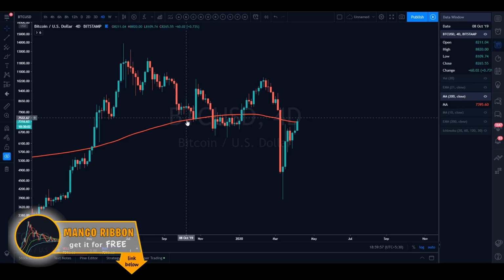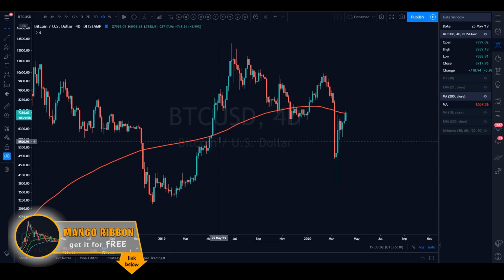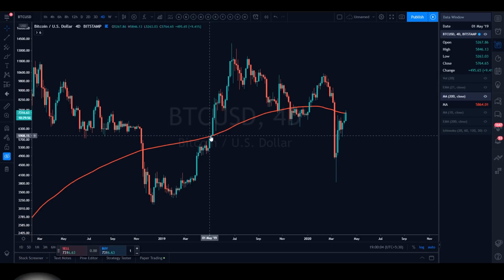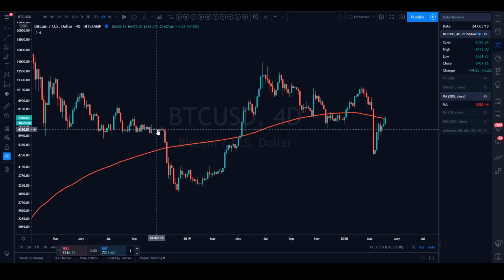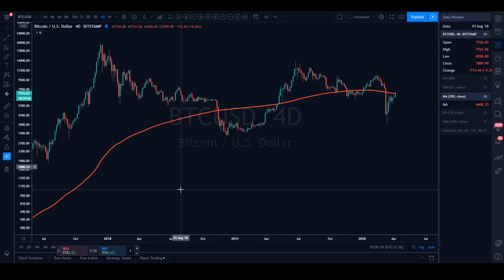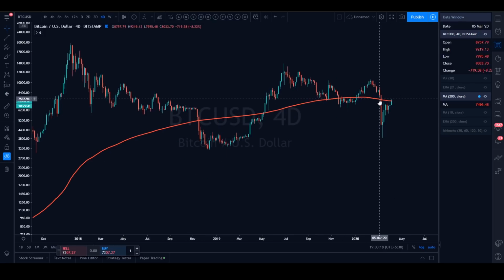Do you see that? Once again, we got supported here, and it got supported well. Pump up. Once again, we took it out here. This is May 2019, pump all the way up to 14K. This right here was the impetus of us breaking from basically that 6K all the way down to the 3K region.